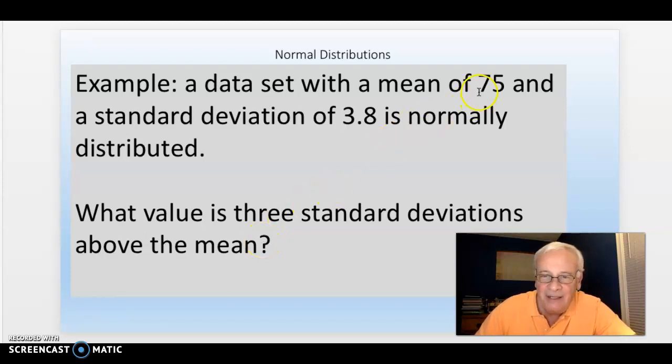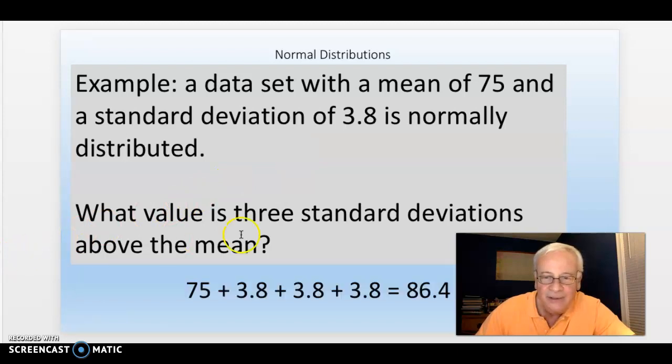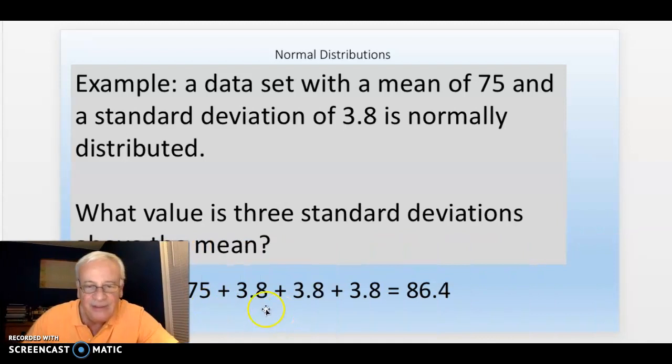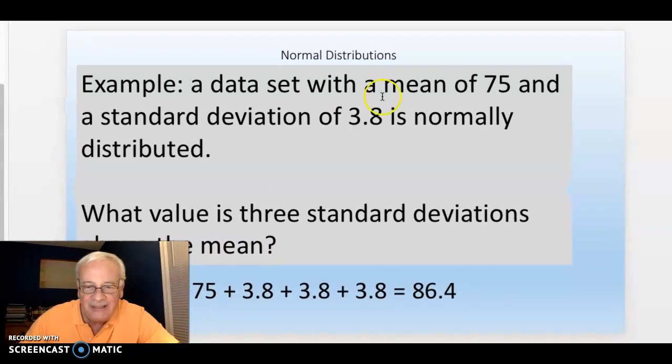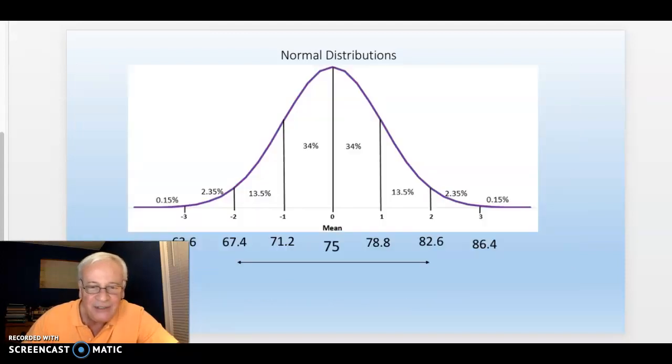Just start at 75 and add 3.8 3 times. 75 plus 3.8 plus 3.8 plus 3.8. We got 86.4.